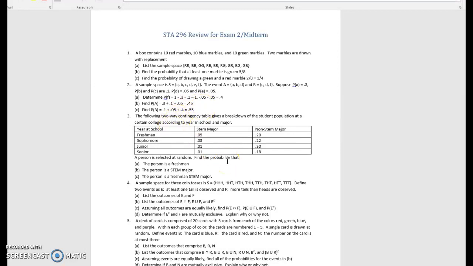All right, so let's look at number 3. The following two-way contingency table gives a breakdown of the student population at a certain college according to year in school and major. A person is selected at random. We want to find the 3 probabilities that are listed below.